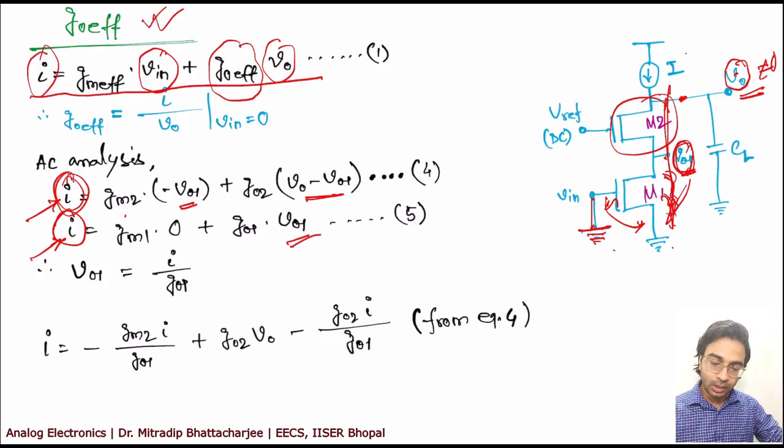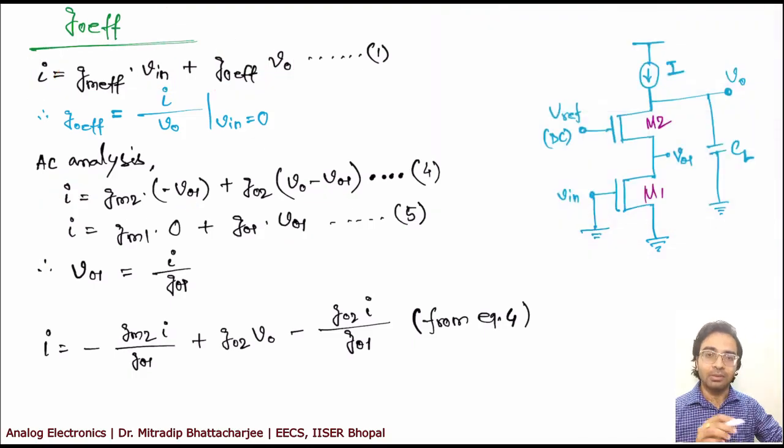Now somebody may think, what happened to this I? This I is the DC bias. This I came for the DC bias. We are doing AC analysis. So any DC thing we are ignoring, right? So this won't come in this analysis. Many people may think, where did those biases go in your analysis? In every analysis you will find we have not considered the DC bias, because DC bias is only to keep the transistors in saturation.